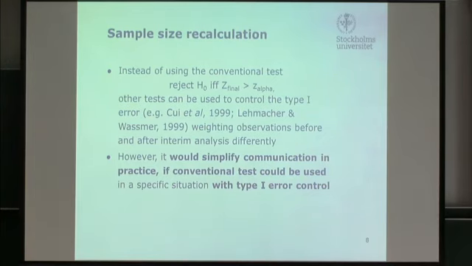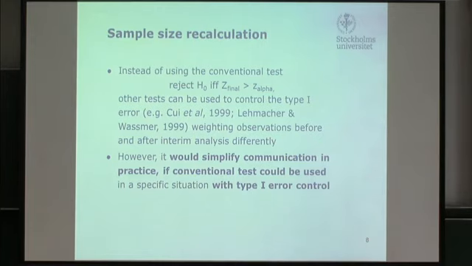So you can then compute test statistic values from both before the interim analysis and after the interim analysis, and for example apply pre-specified weights to the test statistic values, so you weight the stages in a pre-specified way, which in turn means that you weight the observations differently before the interim analysis and after the interim analysis.